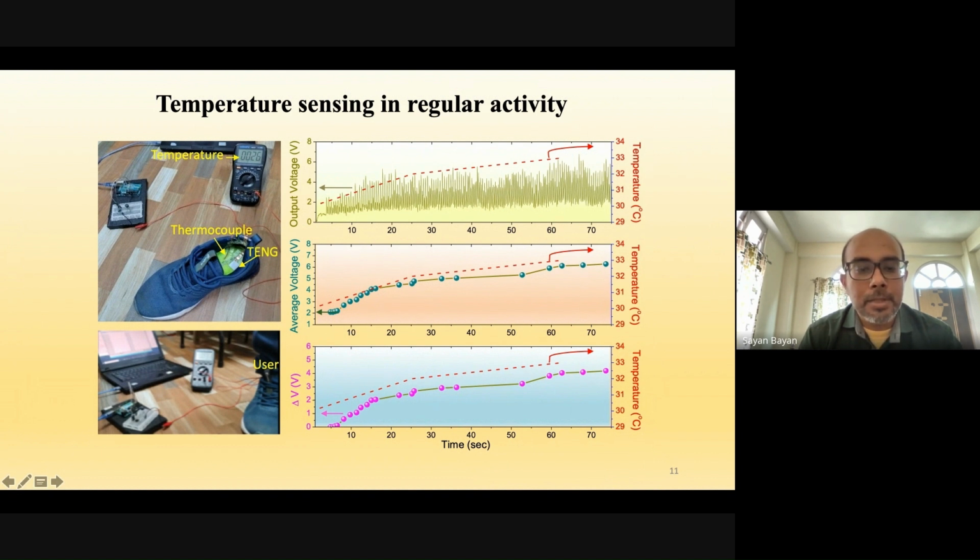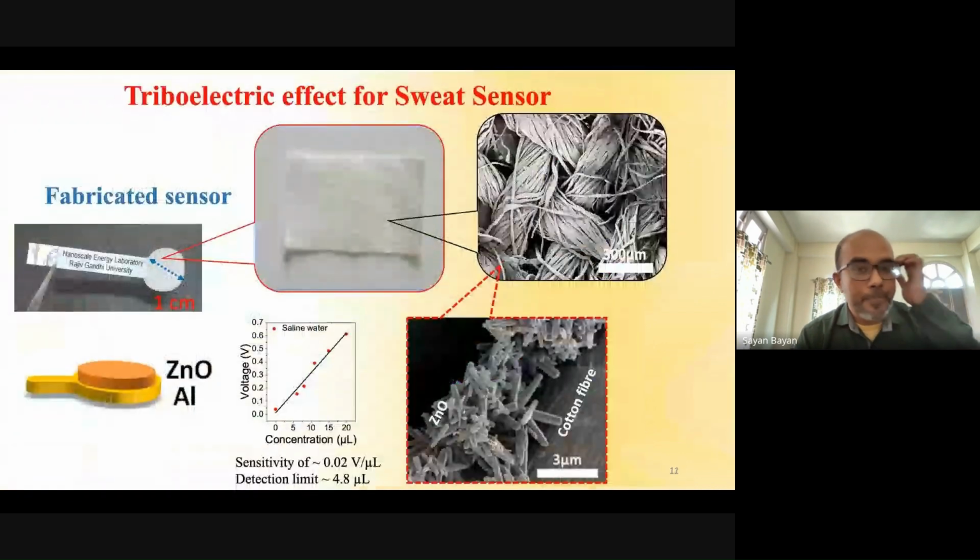With the movement of the feet by the user, with time, one can see that there is a gradual rise in temperature. Along with the gradual rise in temperature, there is a rise in output voltage. So one can see a subsequent change in voltage with the change in temperature. So this kind of temperature sensor can be used in regular activities.